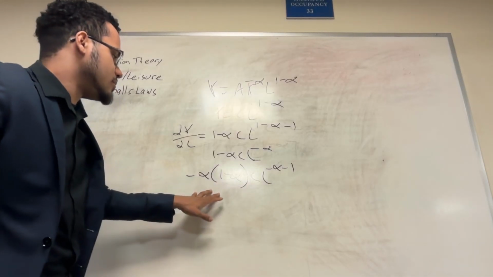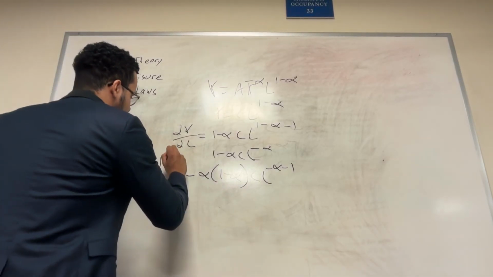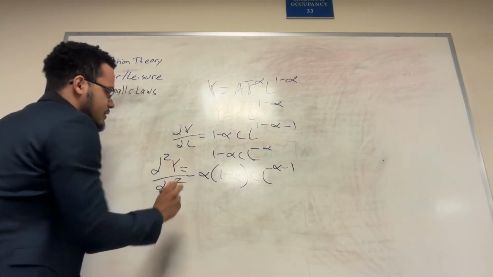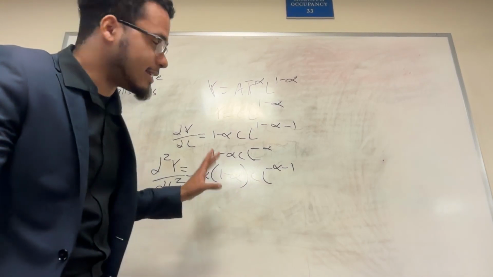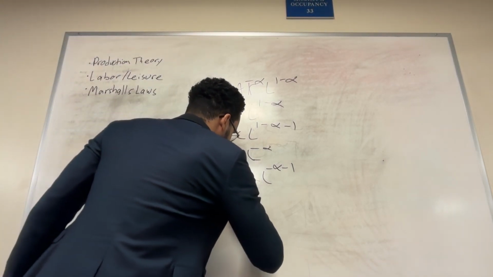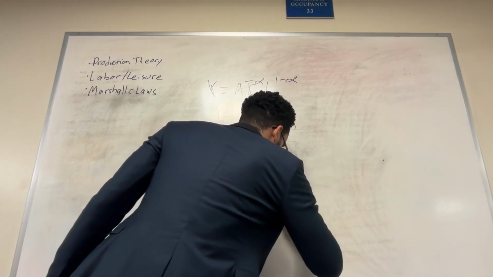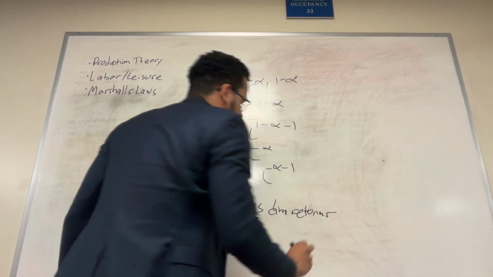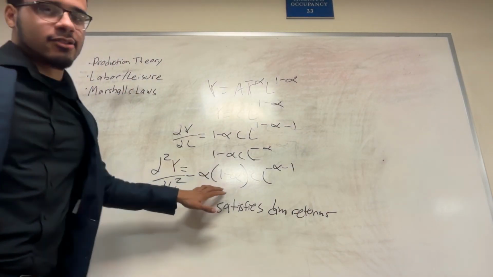So this essentially becomes a negative number. When we take the double derivative of this production function, it turns out to be a negative number, and essentially it satisfies diminishing returns, because this is a negative number, right?